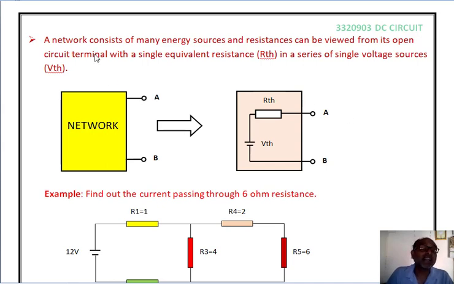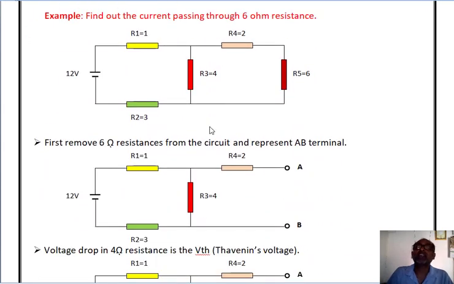A network consisting of many energy sources can be viewed from its open circuit terminal as a single equivalent resistance RTH in series with a voltage source VTH.